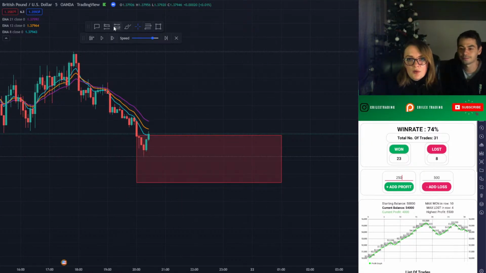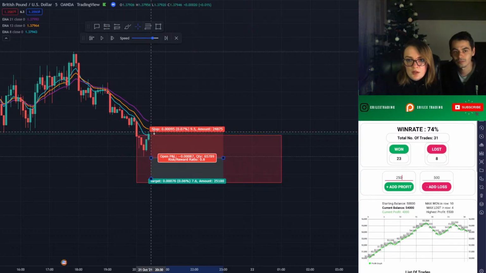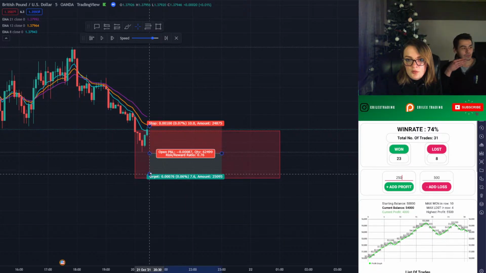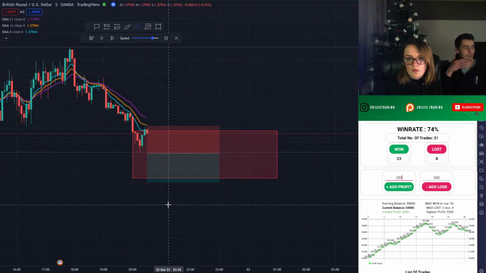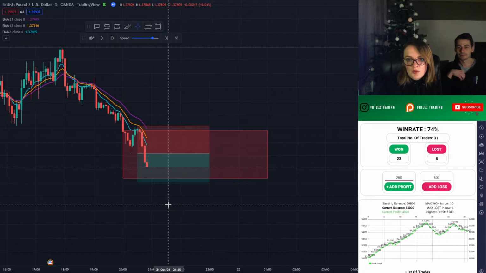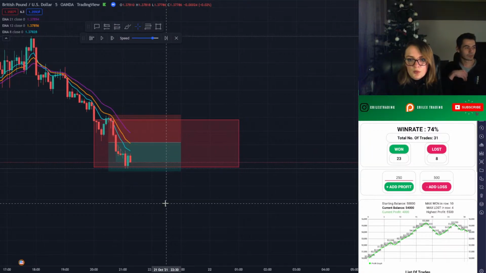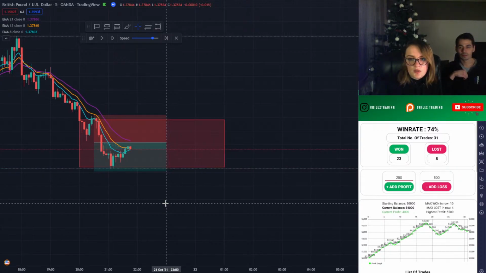But now I can place a sell stop right here below this candle, and the stop loss will be above this wick. We are targeting first of all the 1-to-1 position. Okay, and now we are into this one. Let's see what will happen. Actually, our take profit wasn't hit.